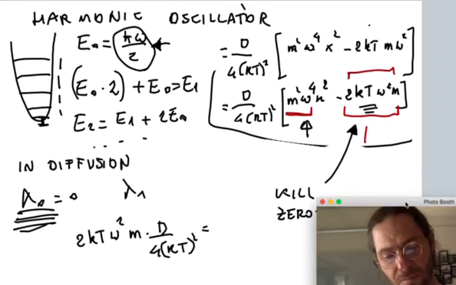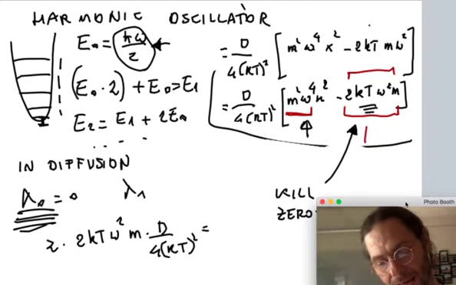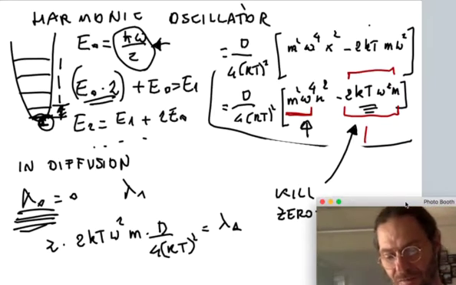So if I multiply this term by 2, I get my typical lambda 1. In other words, if I multiply E naught by 2, as I did here, I get a typical gap between one eigenvalue and the next. So my first eigenvalue is given by this.